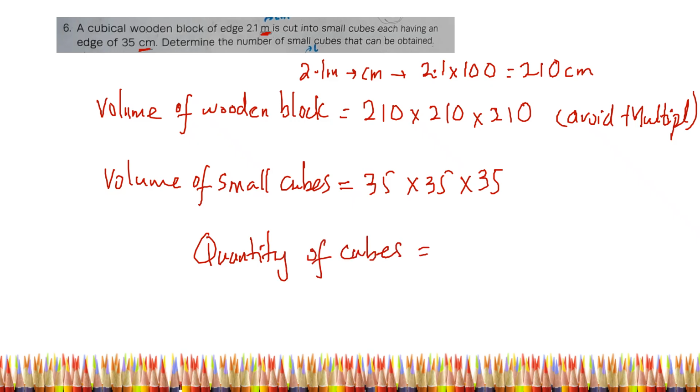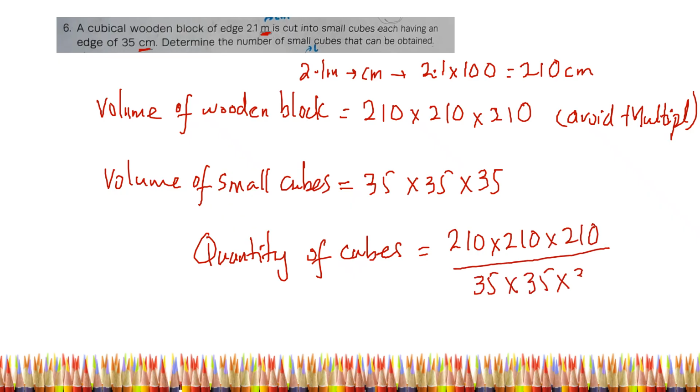We will divide the larger volume by the smaller volume. The larger volume is 210, 210 and 210, and the smaller one is 35 by 35 by 35. So, 7 5s are 35, 7 3s are 21, and this is 0. Again 7 5s are 35, 7 3s are 21, 0 again.